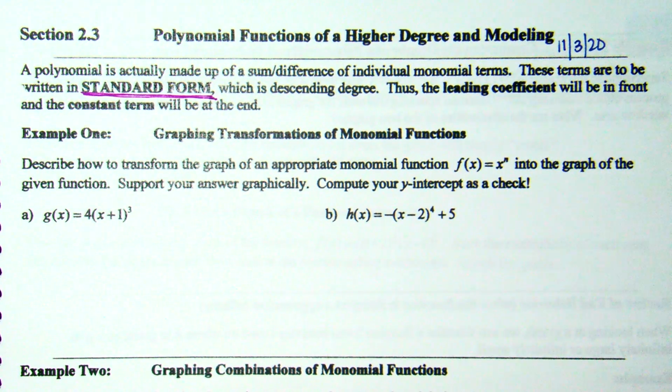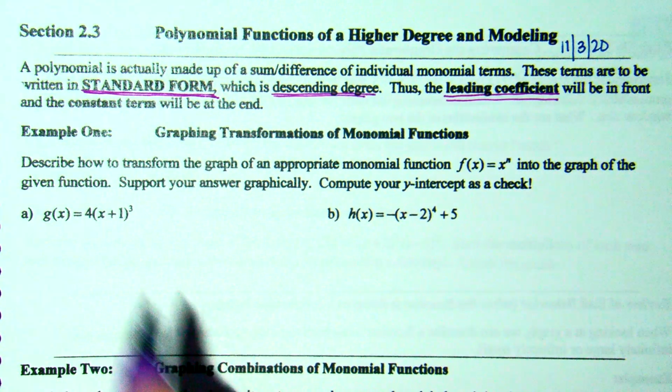So we're going from highest power to lowest power. The idea of standard form, descending degree, is that the leading coefficient will always be in front, and your constant term will always be at the back. Okay, so highest power to lowest power is your standard form.